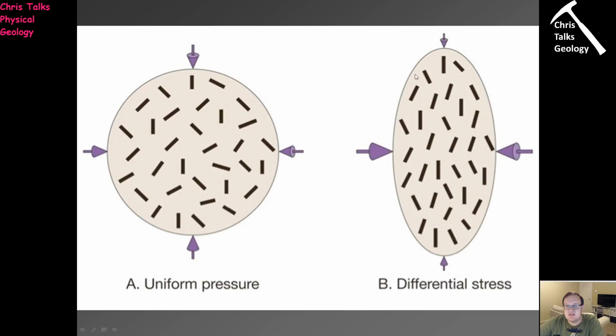There's a very crude alignment going from top to bottom, essentially at 90 degrees to the direction in which the rock is being squished. So the rock is being squished left to right, and these minerals are aligning themselves top to bottom.